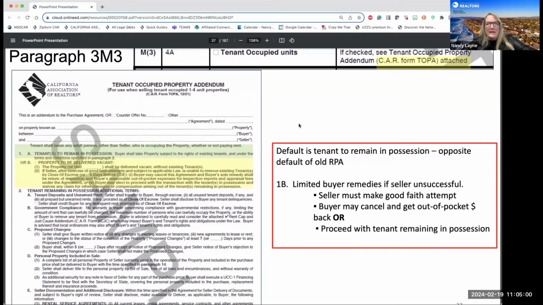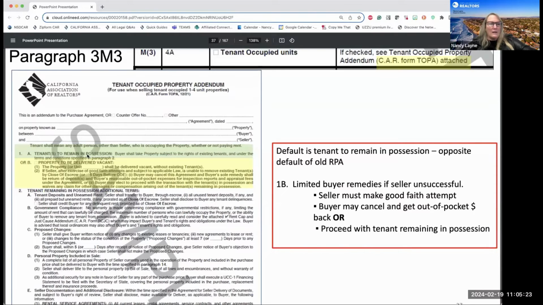If you have a tenant in a unit, you want to make sure that you have the TOPA attached as well. The other thing that's interesting and different about this form, by the way, when you get into a transaction with a tenant, and we've seen a lot of this recently, is whether the tenants are going to remain in possession or not.